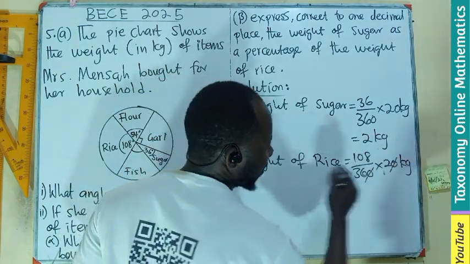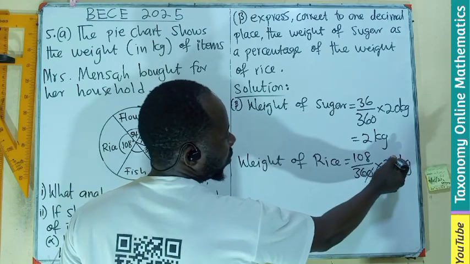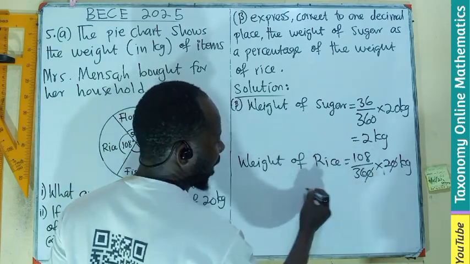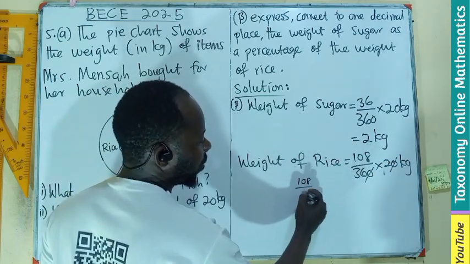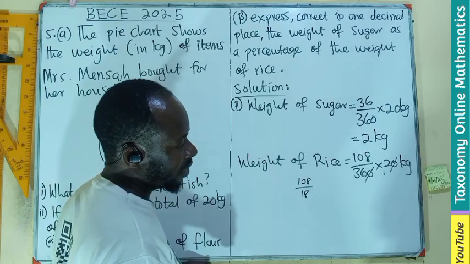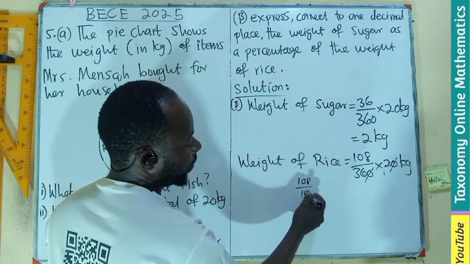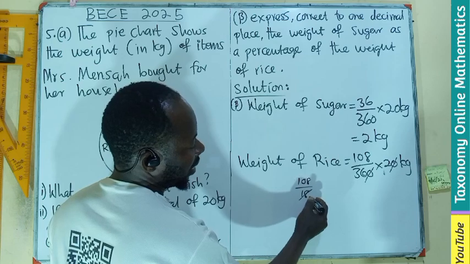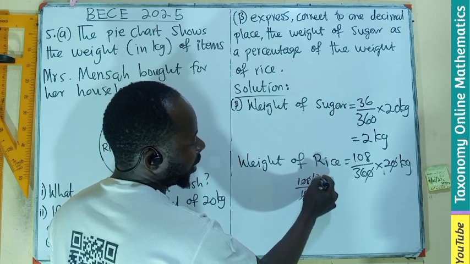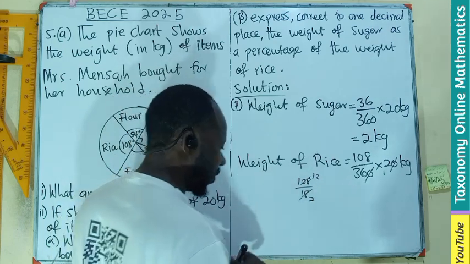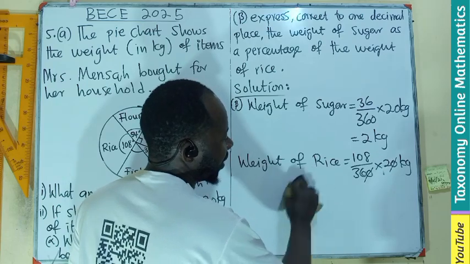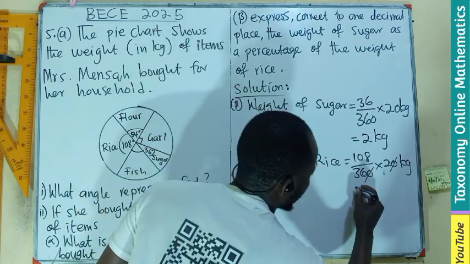This will cancel this. Then 2 goes there, 1 goes here, 18. So 108 over 18 is what is left. Yes, 2 cancels 18. Then 9 will go here 2 times, 9 will go here 12. So that will be 6. So we should be having 6 kg.